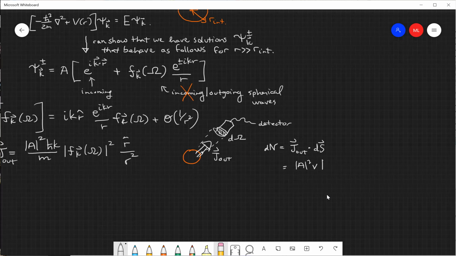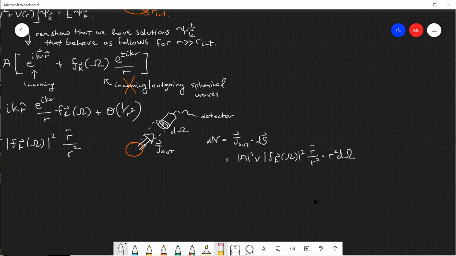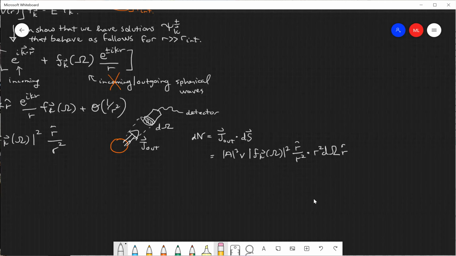And then we have our angular dependent function squared. And then we would have r hat over r squared, but that's dotted into the surface element, which is r squared d omega r hat.